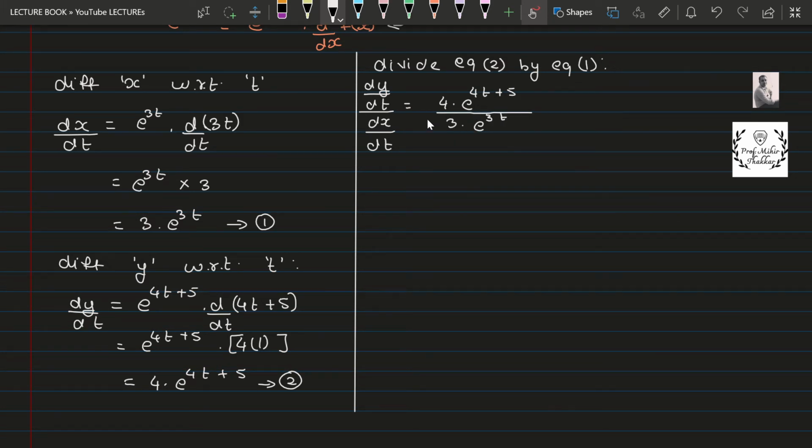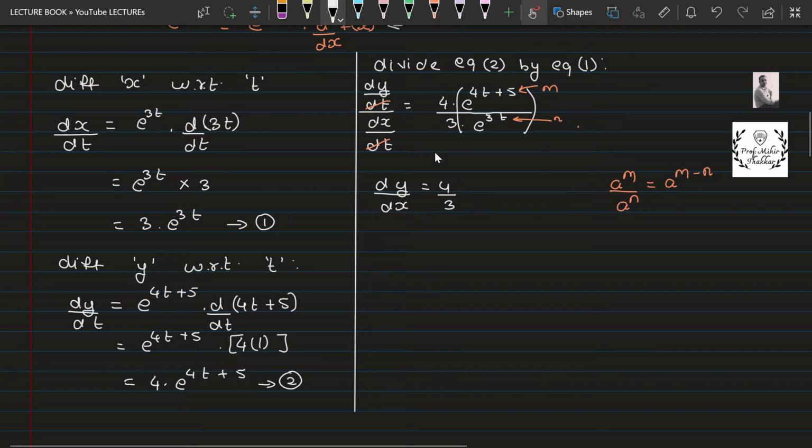So students, over here dt and dt will get cancelled off. Here I get this as dy by dx, and 4 by 3 remains as it is. But for this term I have to apply my law of indices, a raised to m upon a raised to n is equal to a raised to m minus n. So the numerator 4t plus 5 is the value of m, and this is the value of n.